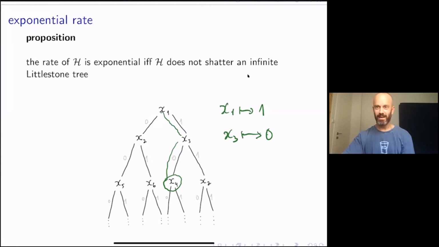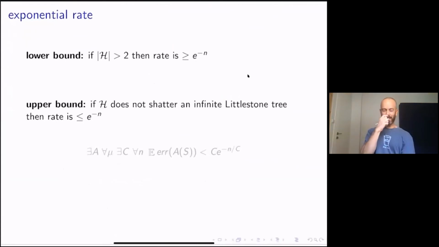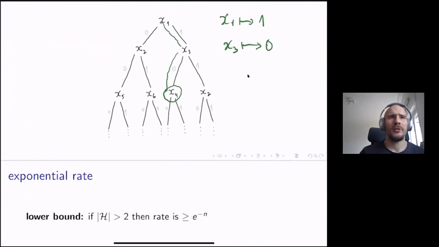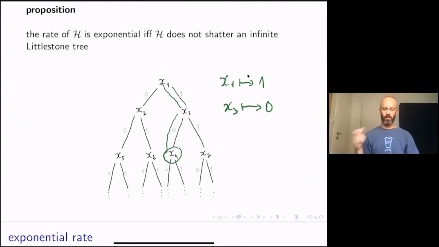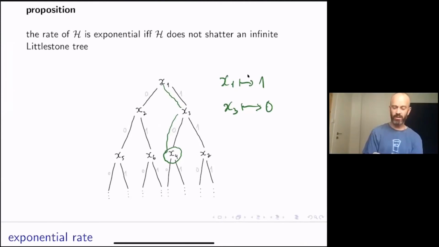Okay, so to prove this claim, we need to do two things. First, can you give a good example of a class H that would satisfy this, when H does not shatter an infinite tree? So maybe a few examples.